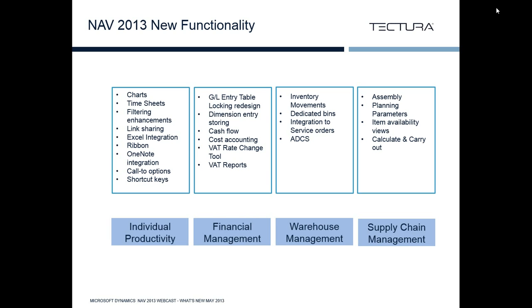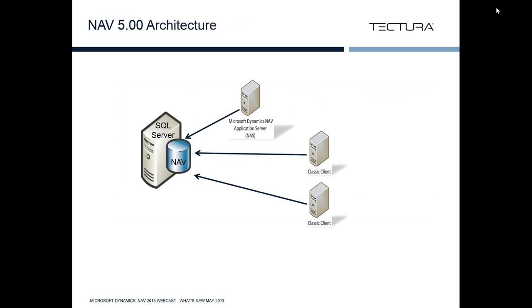While in the general area of supply chain management, we've seen some improvements around the area of assembly, planning parameters, inventory availability views, and the way that calculations are performed around that. So we're taking a broad-based ERP platform and enhancing it with functionality, and the roadmap from Microsoft continues this enhancement into the future.